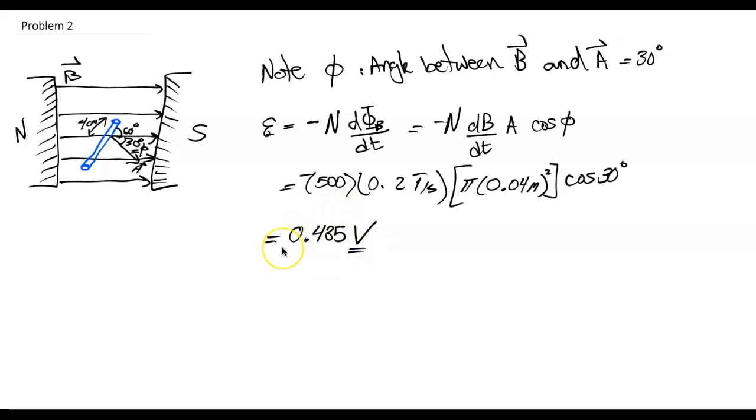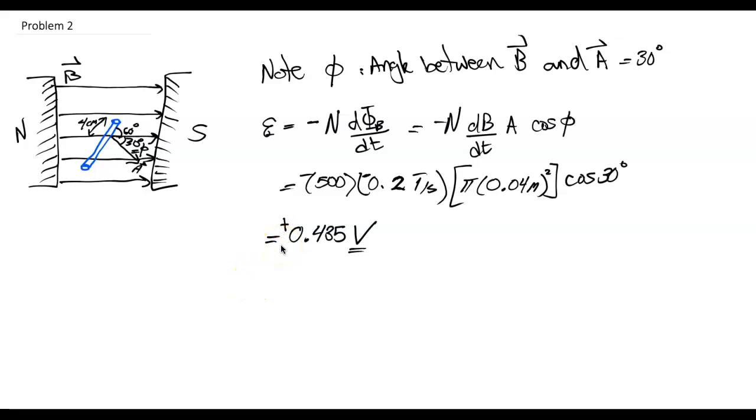And now for the direction, notice that the change in magnetic field is decreasing, so this has to be a negative, which I forgot to put before, and then the two negatives give us a positive sign.